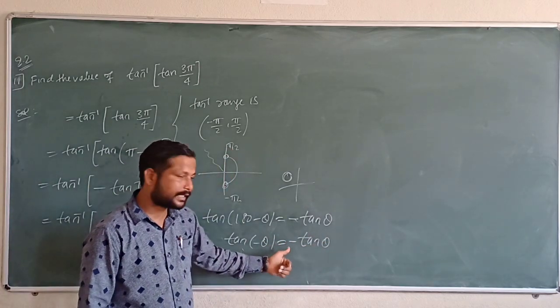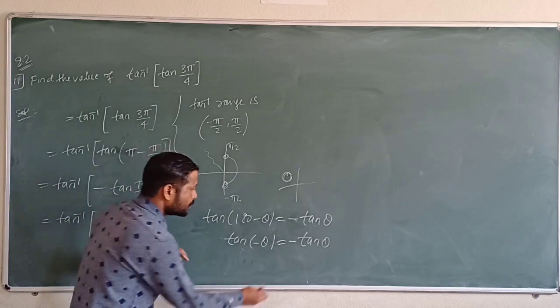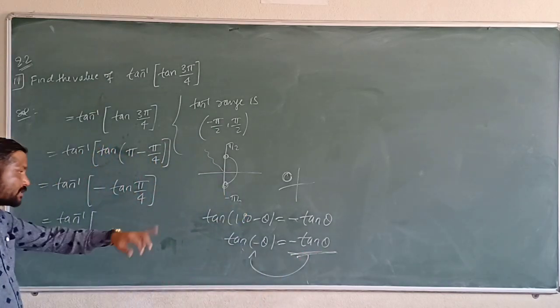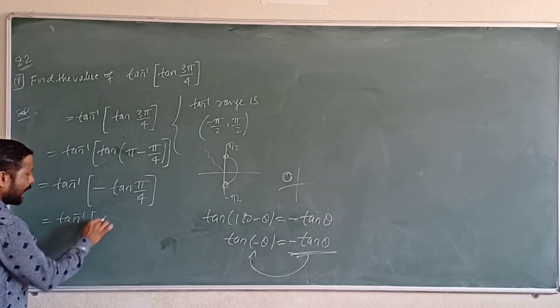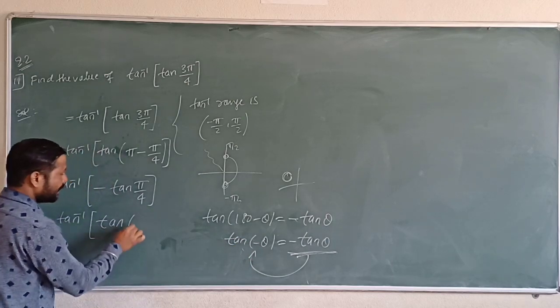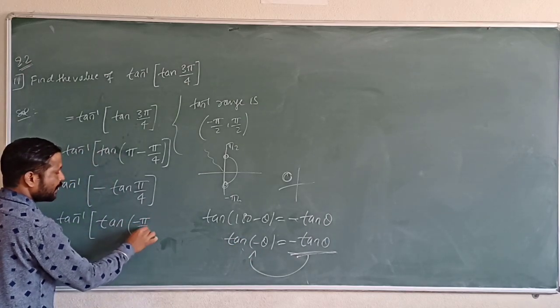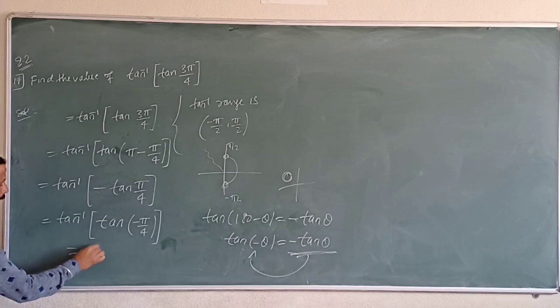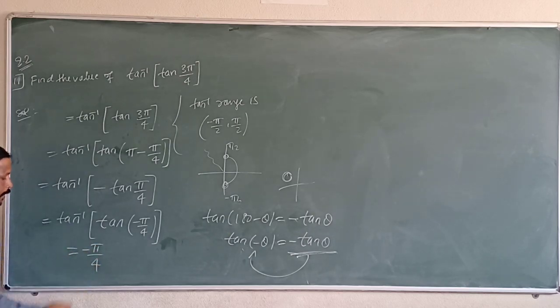So minus tan theta can be written as tan of minus theta, meaning minus pi by 4. Now tan and tan inverse cancel, giving minus pi by 4.